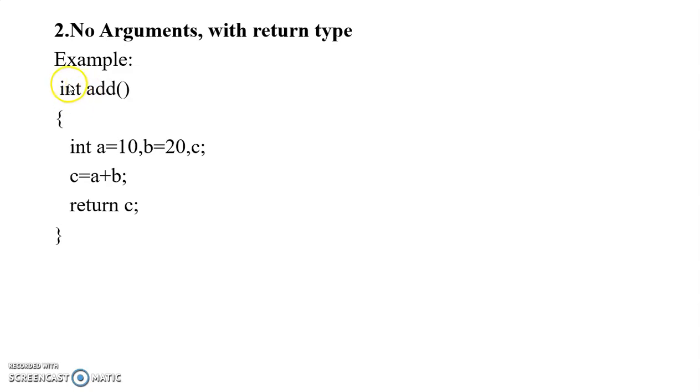But here I'm taking integer because I'm performing the addition operation for two integer variables. So that's why I'm taking the return type as an integer. Next, the function name, and again in the bracket we are not passing any parameter because the type already says no argument.